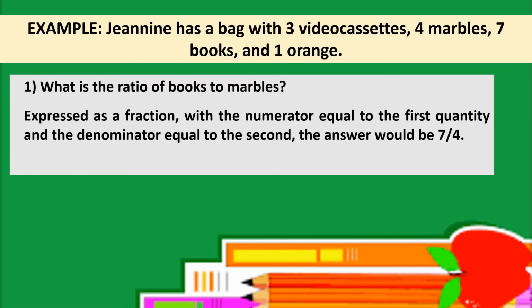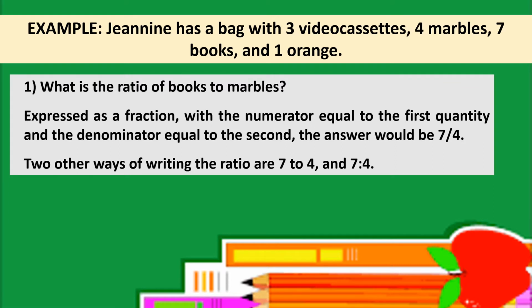Express as a fraction with the numerator equal to the first quantity, which is the books, and the denominator equal to the second, which is the marbles. So the answer would be 7 is to 4, or 7 over 4. The other ways of writing the ratio are 7 to 4 and 7 colon 4, read as 7 is to 4.